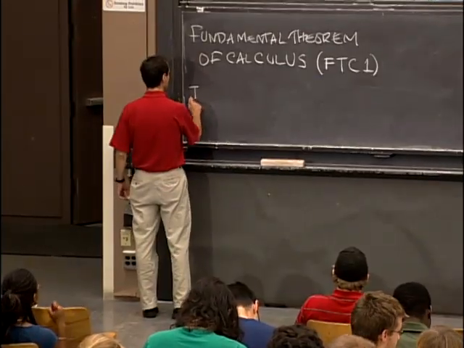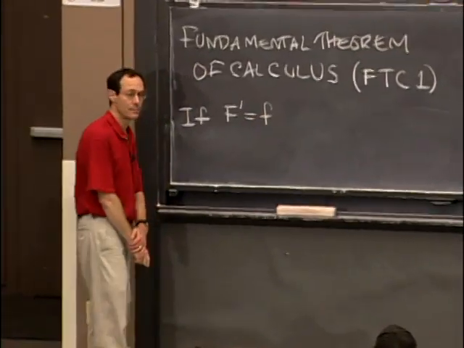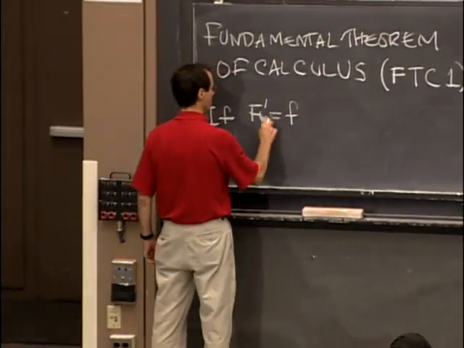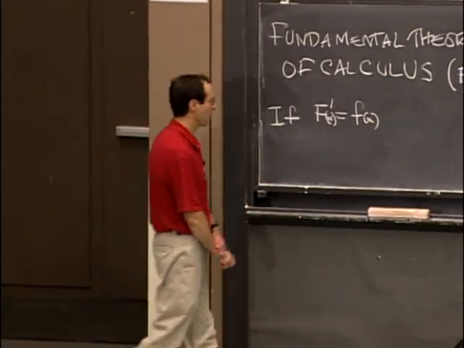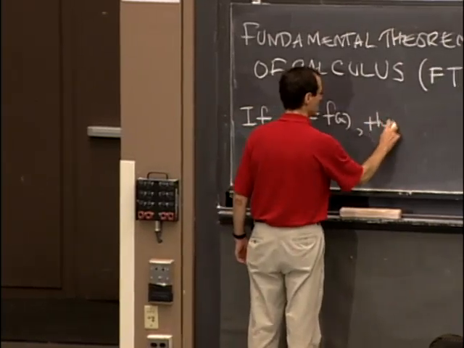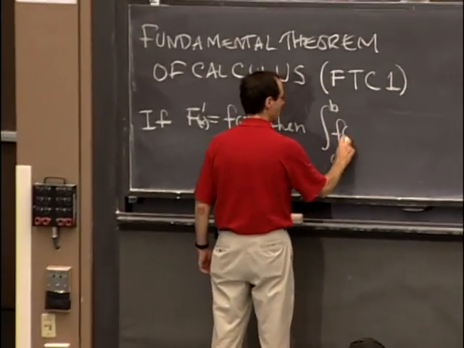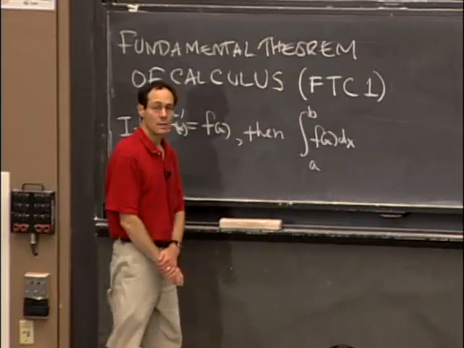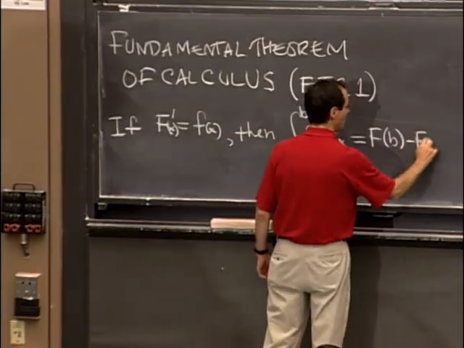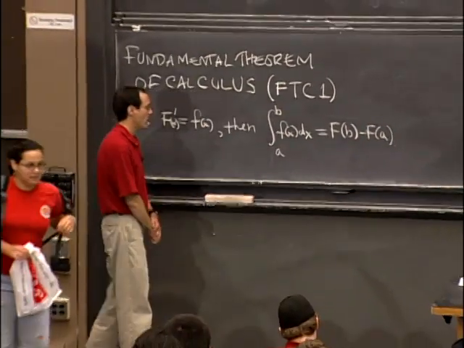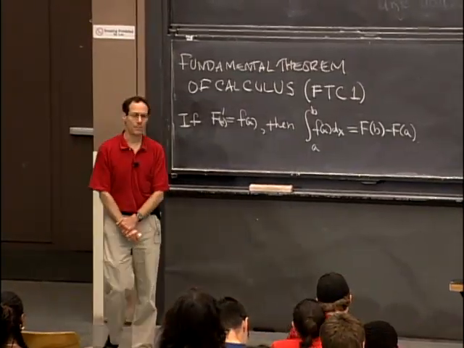It says that if F prime of x is equal to little f of x, it's a capital F and a little f, then the integral from a to b of f of x is equal to F of b minus F of a. That's it. That's the whole theorem.